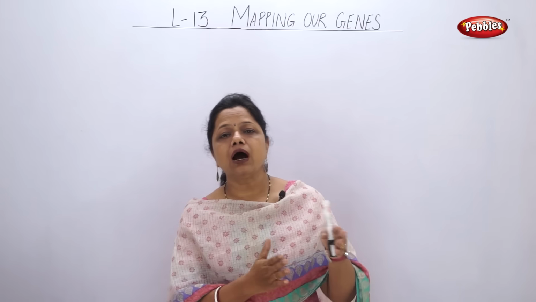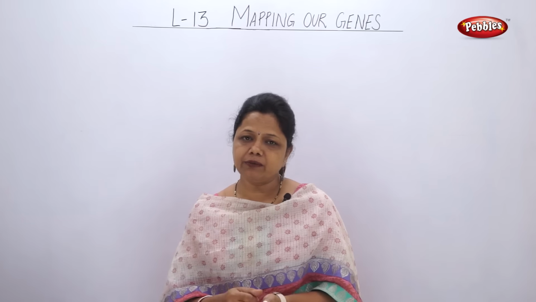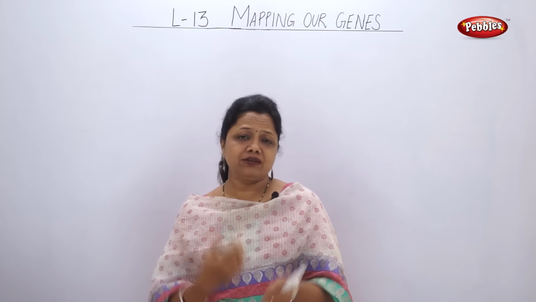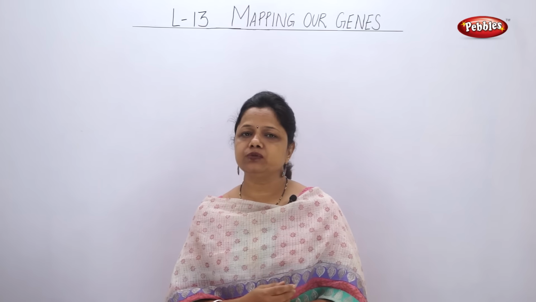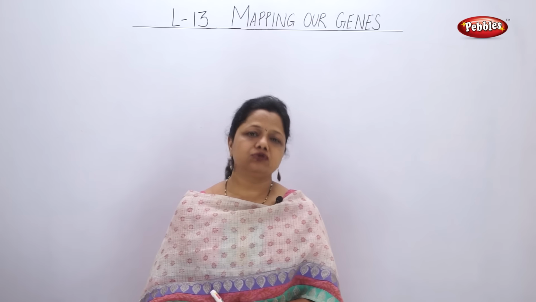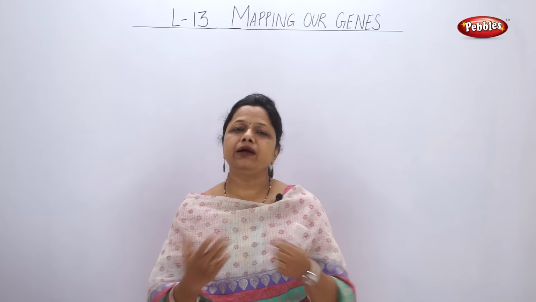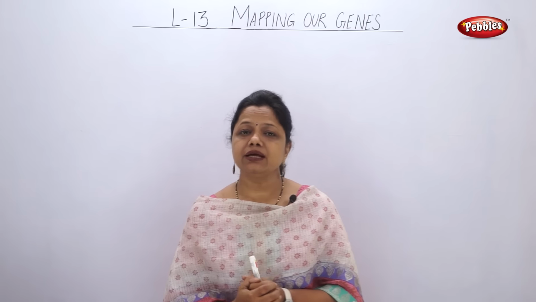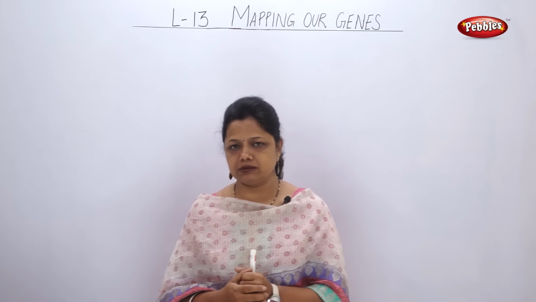We are going to see how it follows the genetic matter, where it is present, how it is responsible, and which characters are passed on from the parents to the offspring. So in mapping our genes, we are going to study the inheritance of characters.